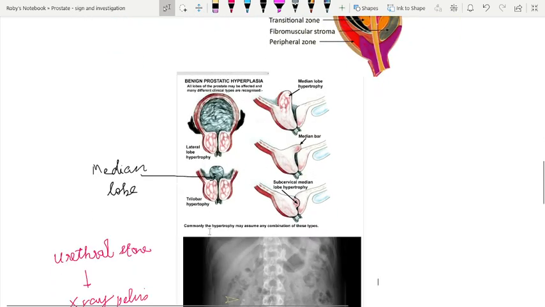Here you can see that this is the median lobe, projecting into the bladder.